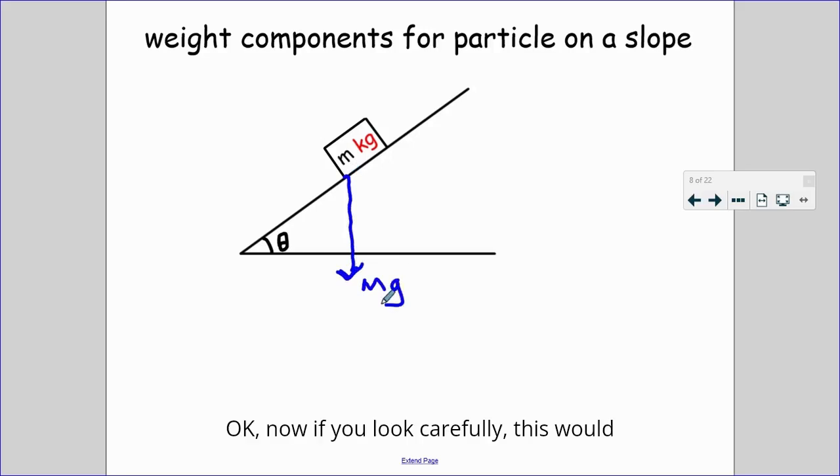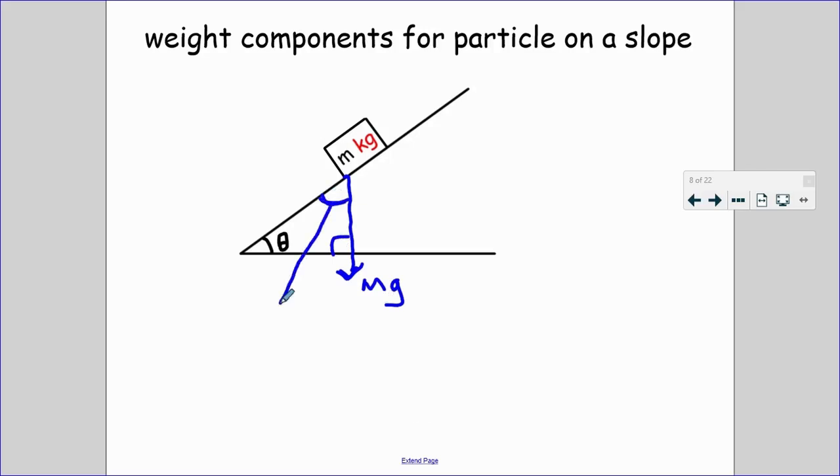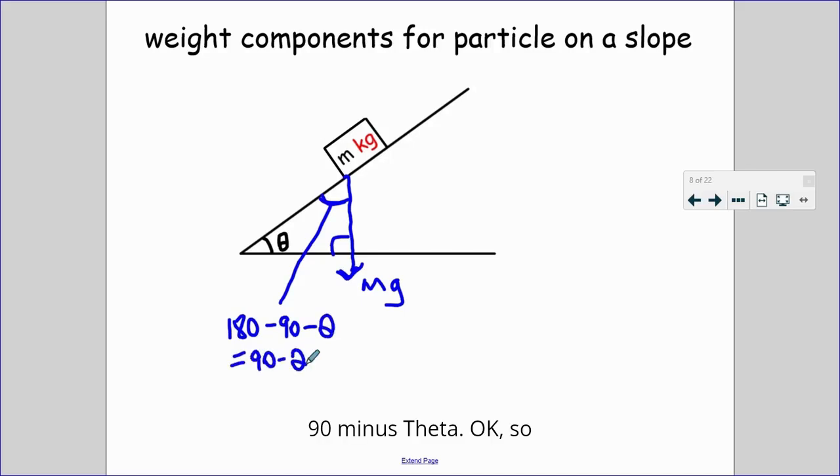Okay, now if you look carefully, this would be 90 degrees, right angle. Okay, this would be angles in a triangle add up to 180. So 180 minus 90 minus theta, right? Which gives you 90 minus theta.